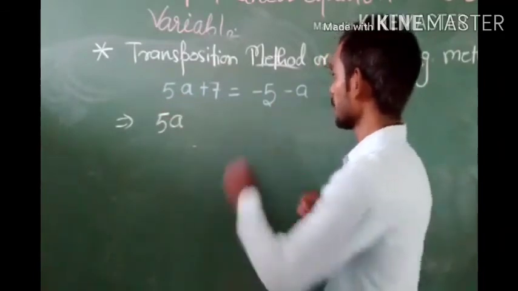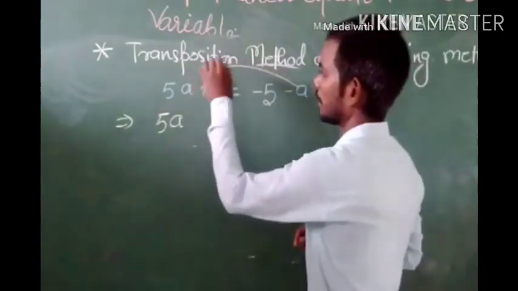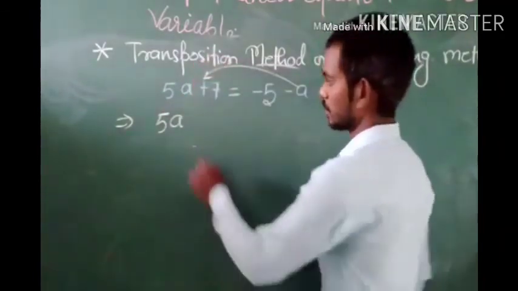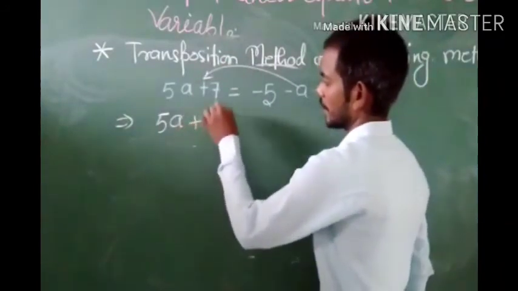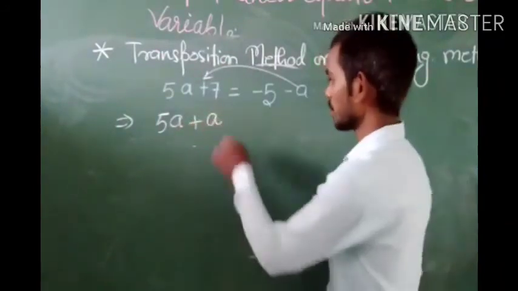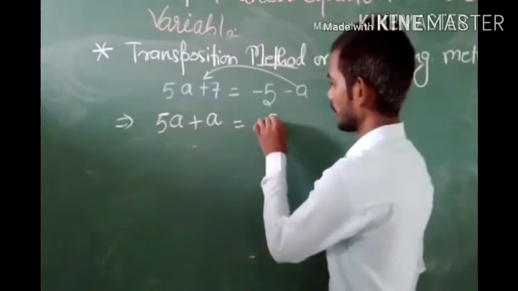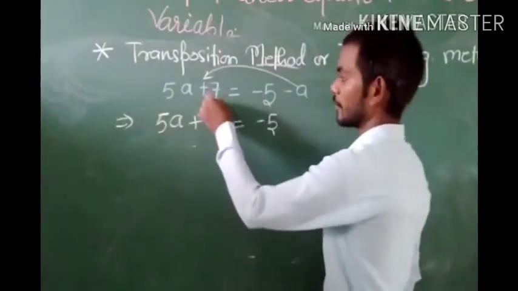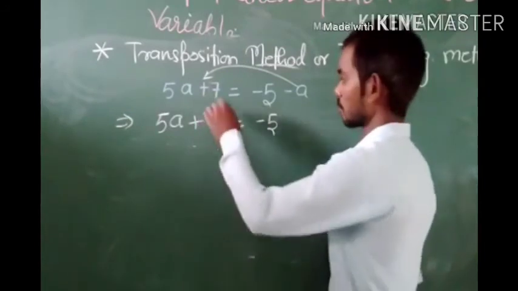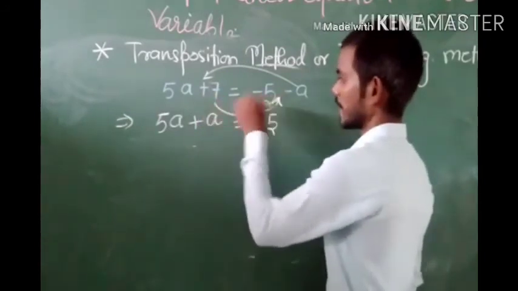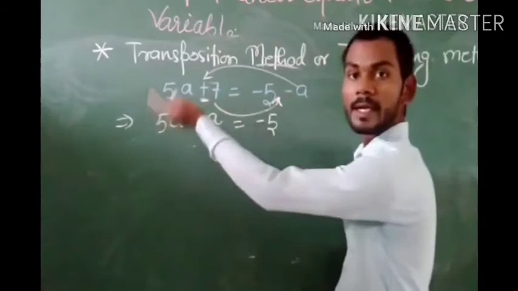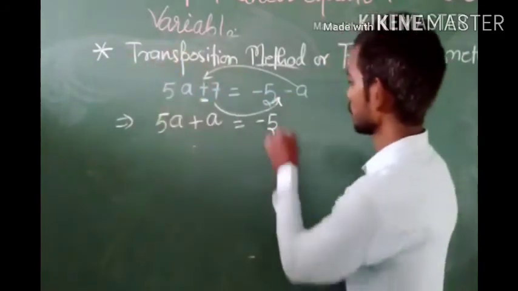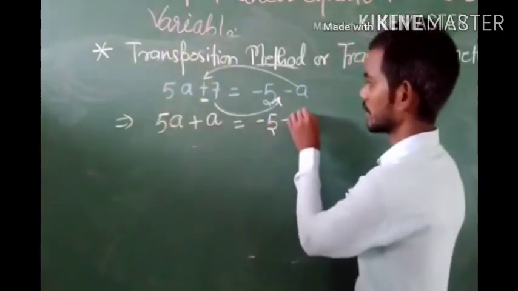So minus a when transferred to the left hand side becomes plus a. Similarly, minus 5 remains as it is, and plus 7. When plus 7 goes to the right hand side, the plus becomes minus, so we have minus 7.